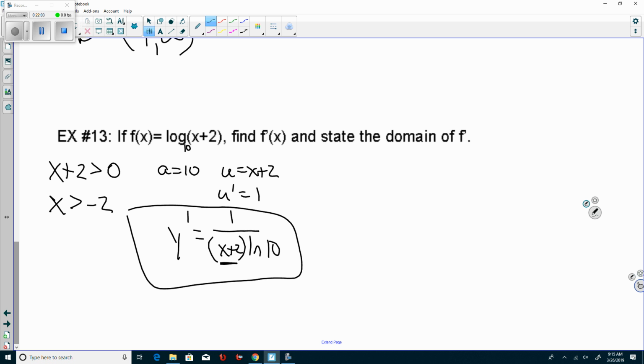What matters is x plus 2. All it shows me is where it's undefined. It's undefined when x is negative 2. So taking into consideration my original equation, my domain is negative 2 to infinity.